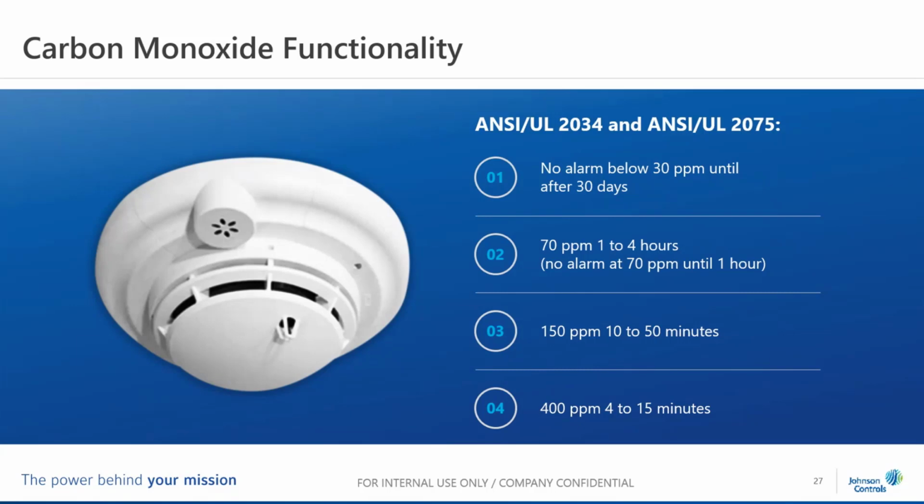When you see 25 parts per million, alert somebody that maybe there's a car malfunction in the parking garage or what have you. And people are saying, well, I can just use my carbon monoxide device to make that happen. Well, look at the timings. I have to wait for 30 days before I can go into alarm at 30 parts per million.